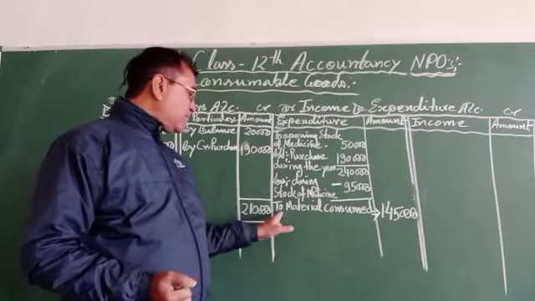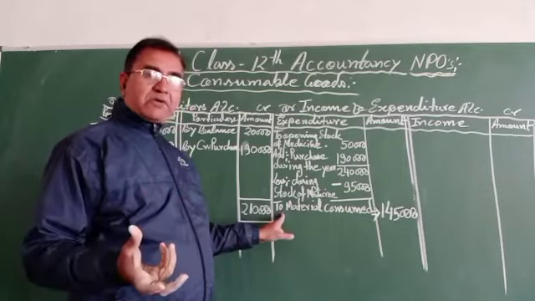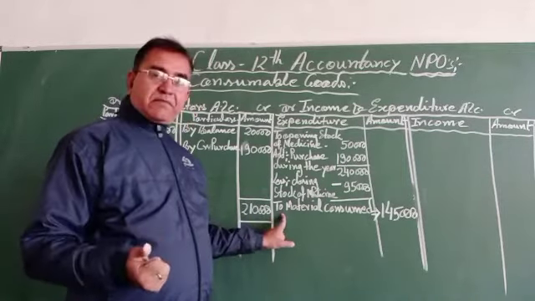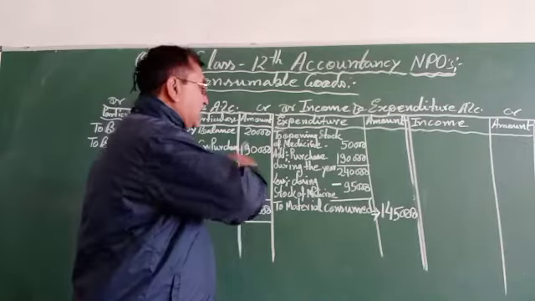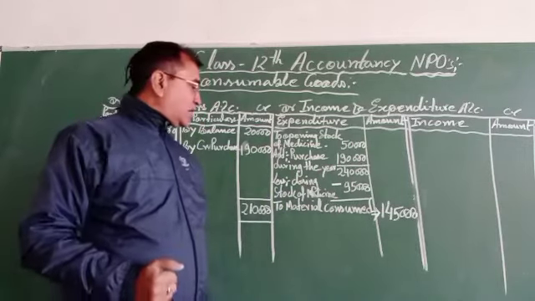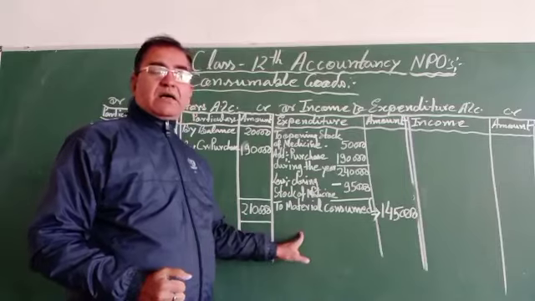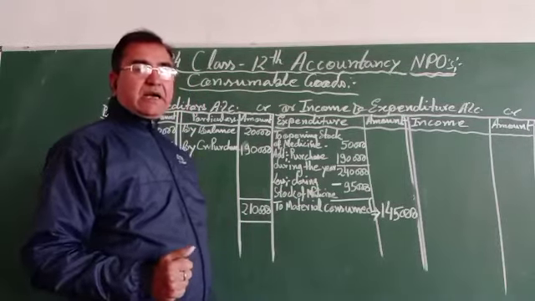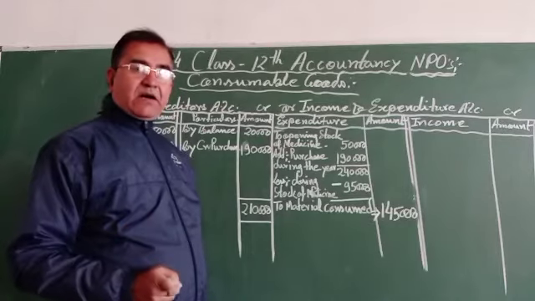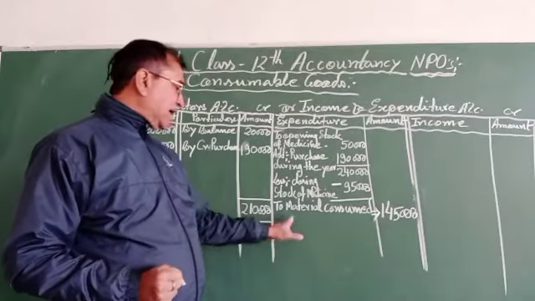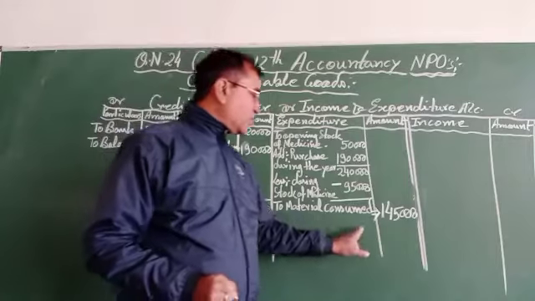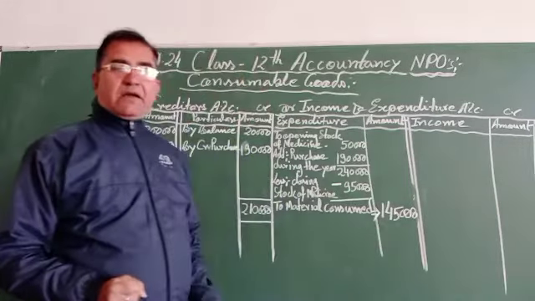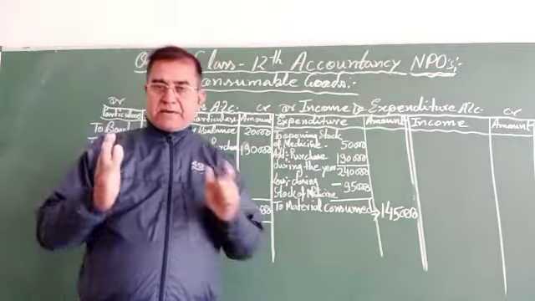And the amount ascertained by involving such steps will be the consumable material debited to the income and expenditure account. You can see, my dear, to material consumed 1,45,000. This is the process.